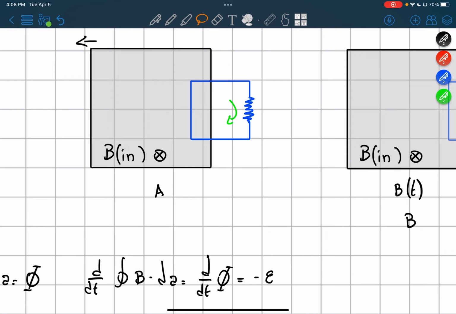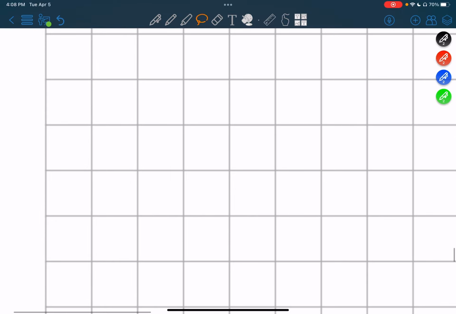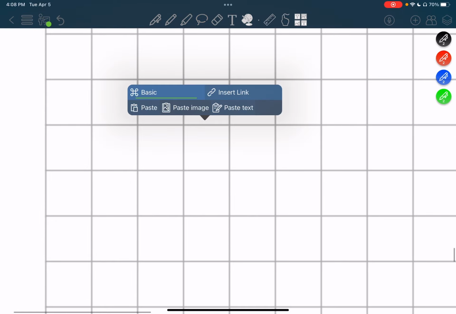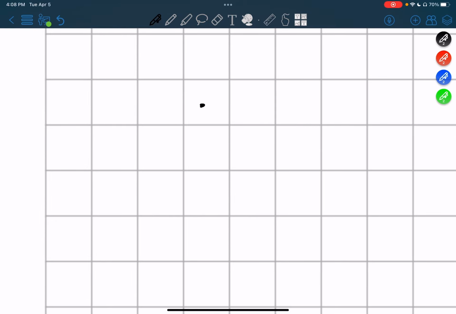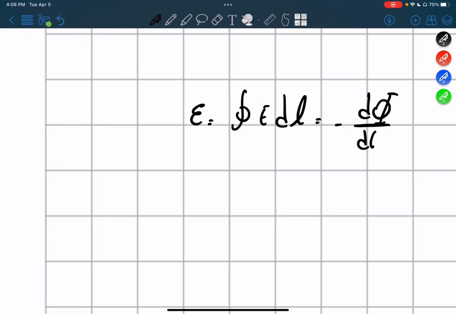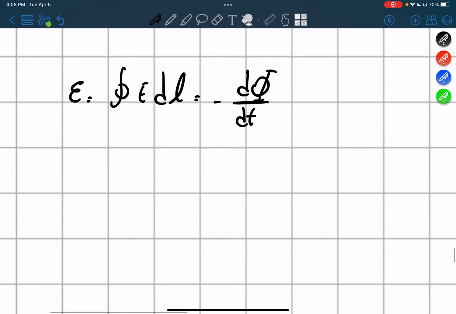And one thing that we can realize is that the EMF is the integral of the electric field over a closed loop, and we said of course that it is equal to the negative derivative of our flux over time. So we can just say that these two are the same.